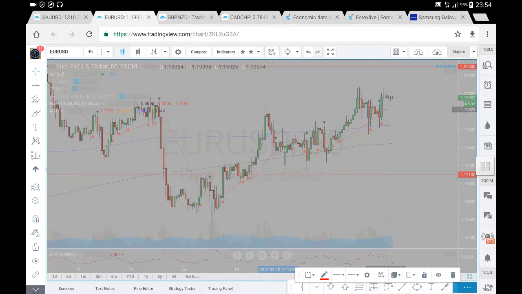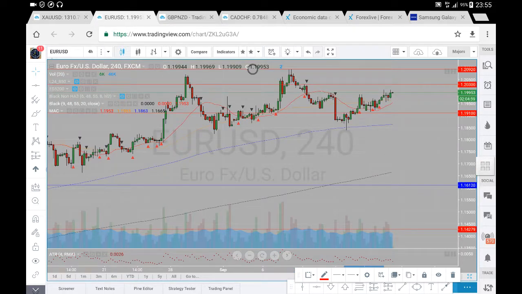Let's look on the 4-hour chart, see where we are. Yep, all the way on the 4-hour chart. Now, if you have a look at this in the 4-hour chart, we've gone down, tested the 200 period.